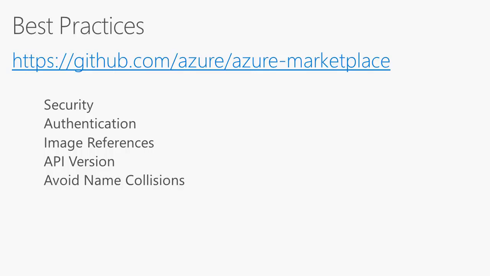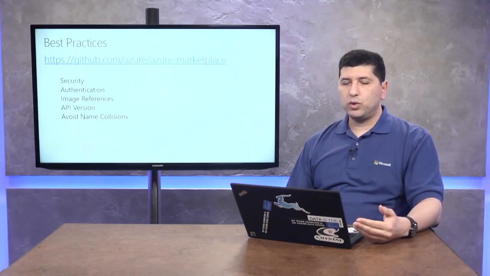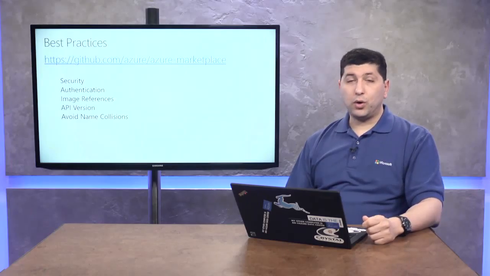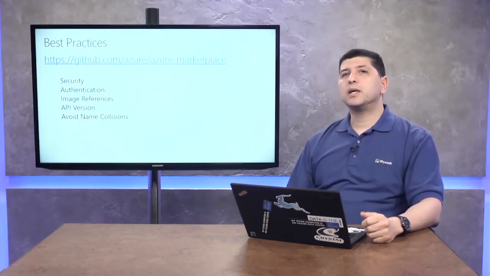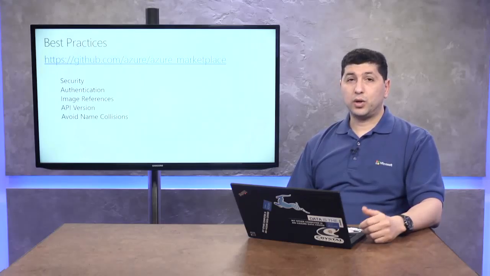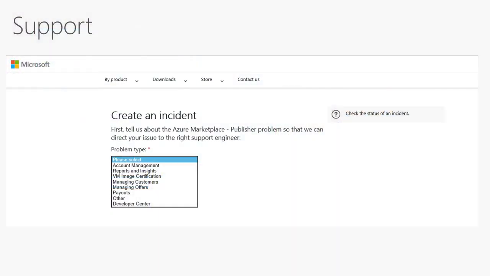So this is not a full list, but if you go to the link, that will show you, and we update as we learn these best practices, so it will make your onboarding process easier over time. So please check this link so you can get more information about these, to ensure that your provisioning and onboarding into the Azure Marketplace goes smoothly.